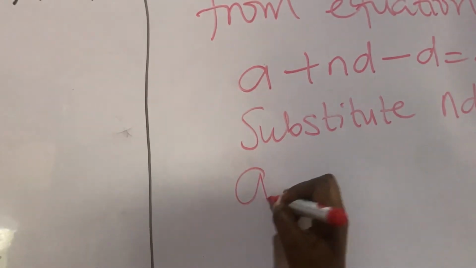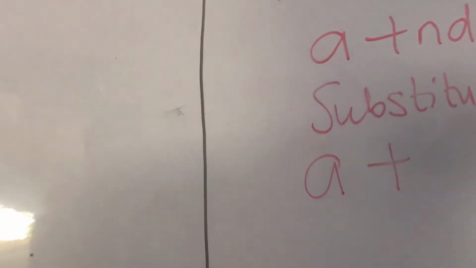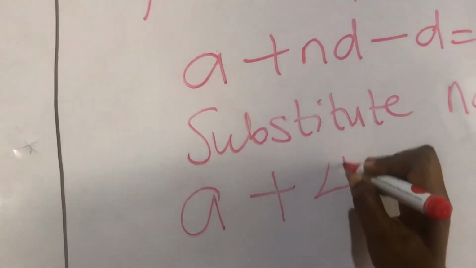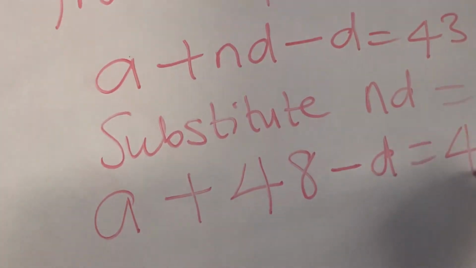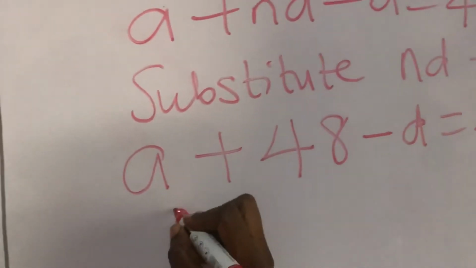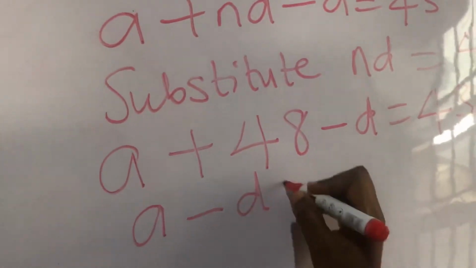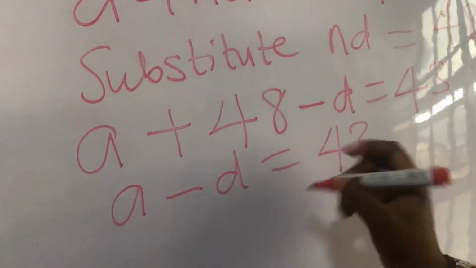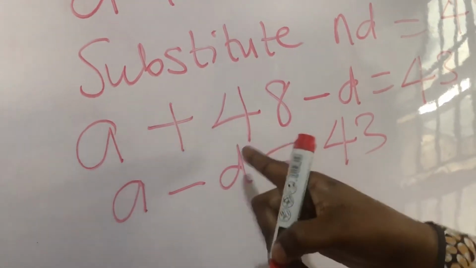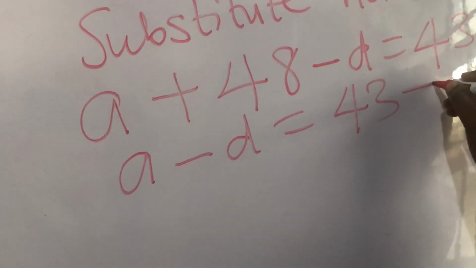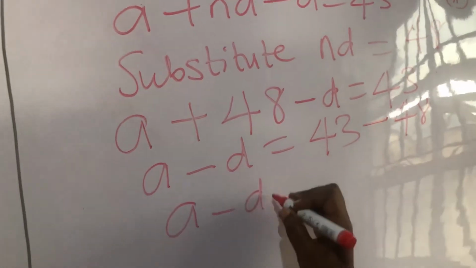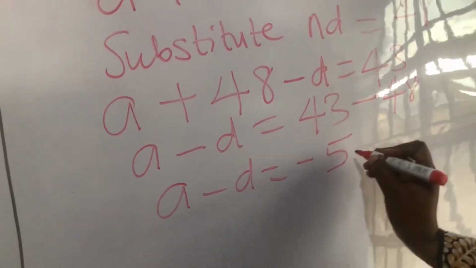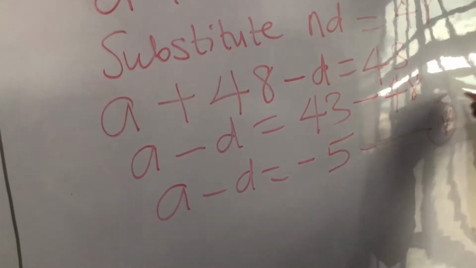So we have A plus, wherever we see ND, we put 48, minus D is equal to 43. So A minus D is equal to 43, and if plus 48 goes out, it becomes minus 48. So A minus D is equal to minus 5. Label this as equation 5.